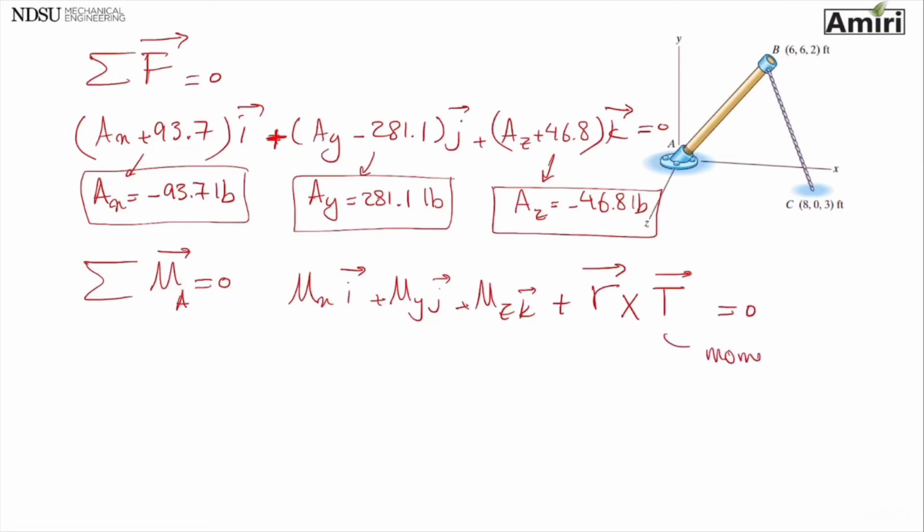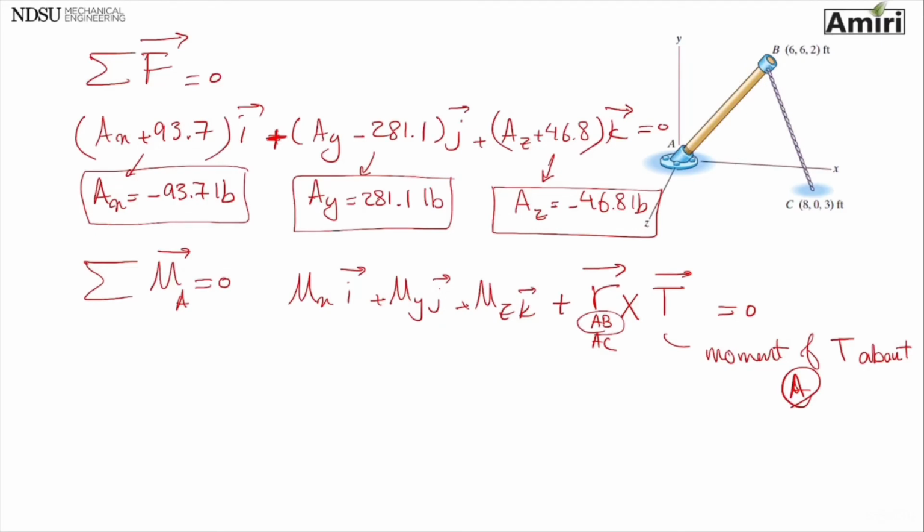Moment of T about point A. Okay. This R could be AB, could be AC, because it's from the point to the line of action of the force. I took it from point AB.